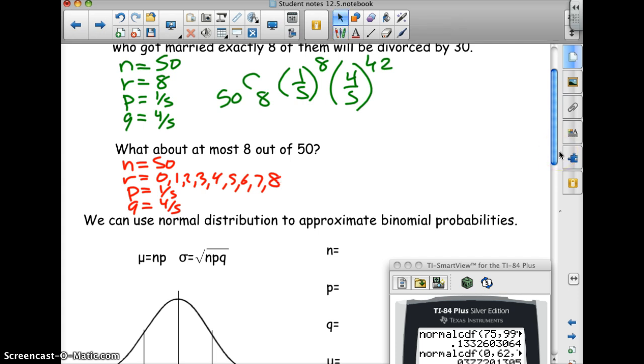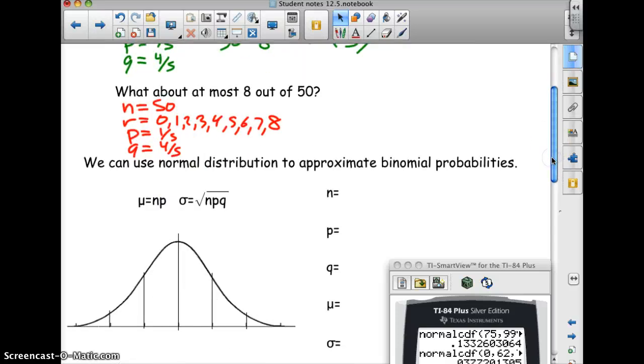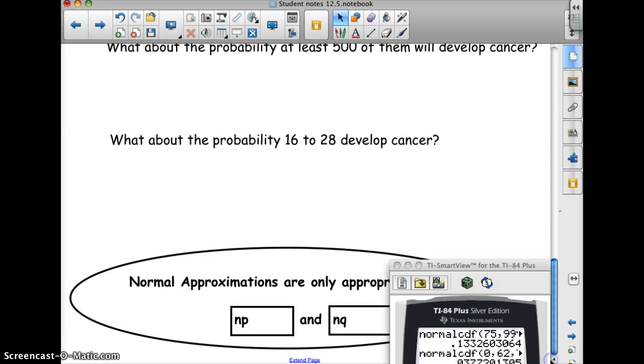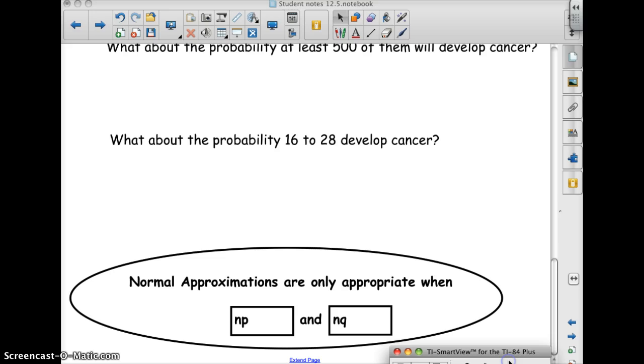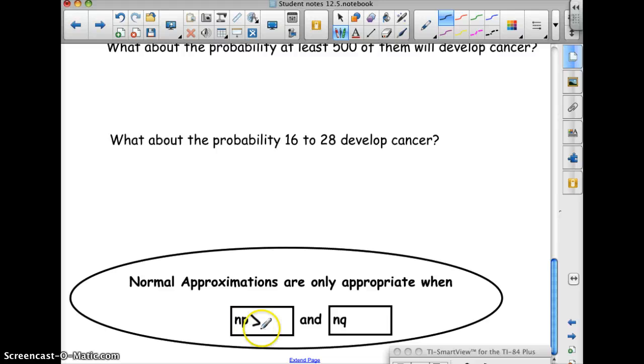What we can do is use the normal curve to approximate this binomial probability. I'm going to scroll down to the bottom of the page first, because certain times this is appropriate and certain times this isn't. You can use a normal approximation for a binomial probability when np has to be greater than or equal to 5, and n times q also has to be greater than or equal to 5.